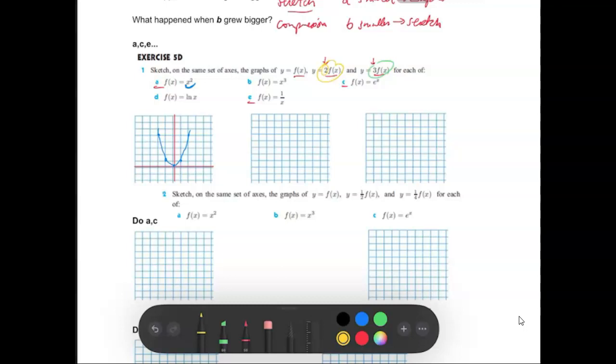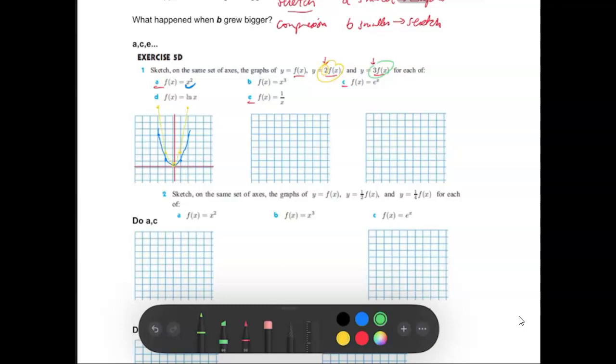So what does that mean? That means that the vertex stays where it was. The points that are 1 unit away from the x-axis are going to be 2 units away from the x-axis. And the points that are 4 units away from the x-axis are going to be 8 units away from the x-axis. So it looks something like this.